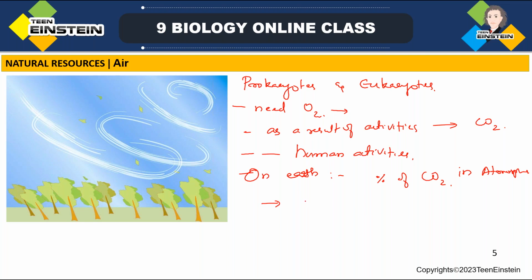In two ways. Green plants: what will green plants do? They convert carbon dioxide into glucose in the presence of sunlight. Okay, they do photosynthesis, right?